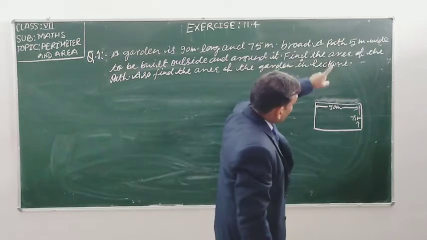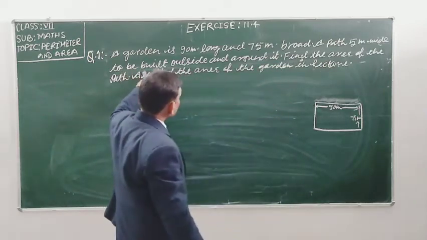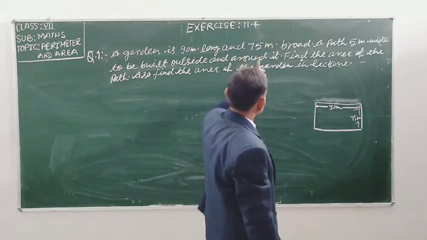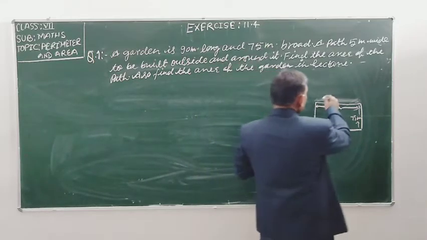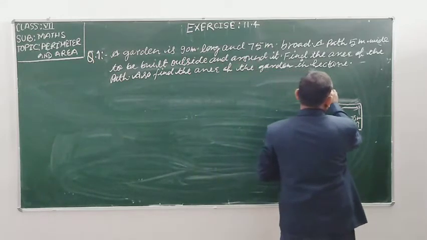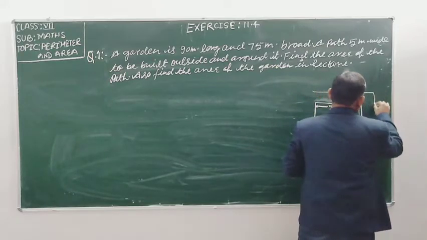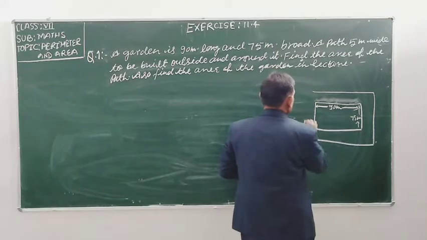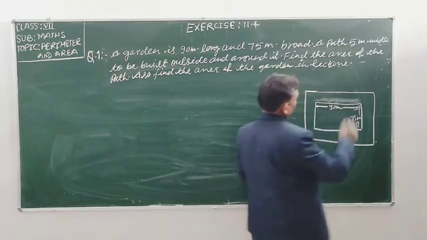A path 5-meter wide is to be built outside and around it. The 5-meter wide path is made outside of this garden, like this.